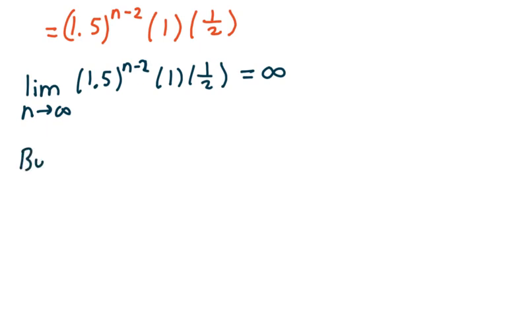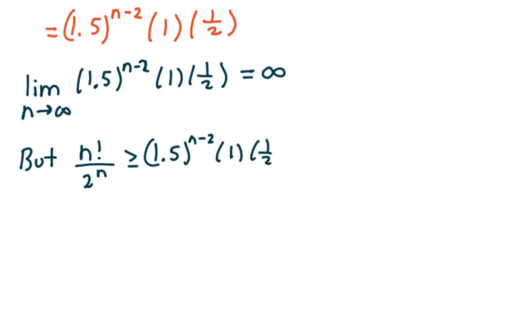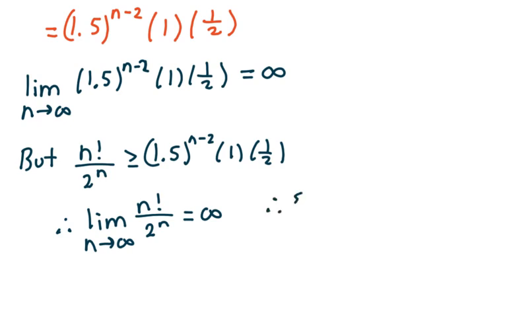But if I look at n factorial over 2 to the n, this is greater than or equal to 1.5 to the n minus 2 times 1 times a half, right? So, therefore, the limit as n goes to infinity of n factorial over 2 to the n must also be infinity. And what that says is that this sequence a sub n diverges.